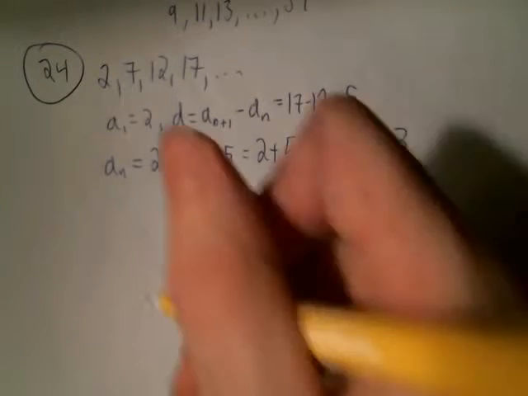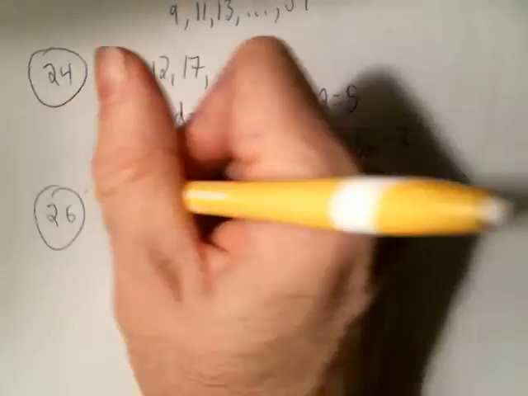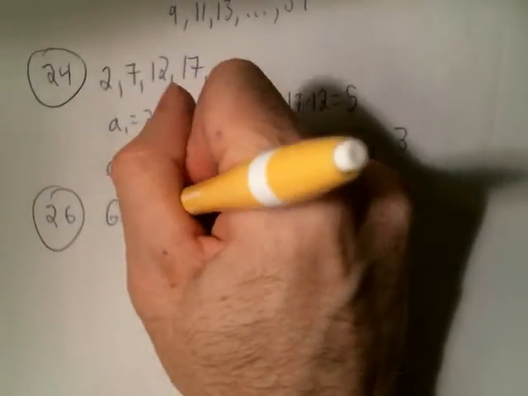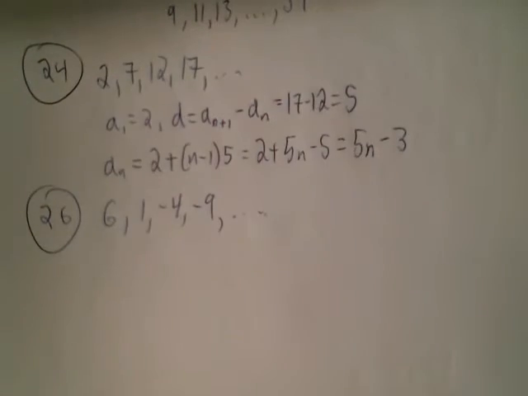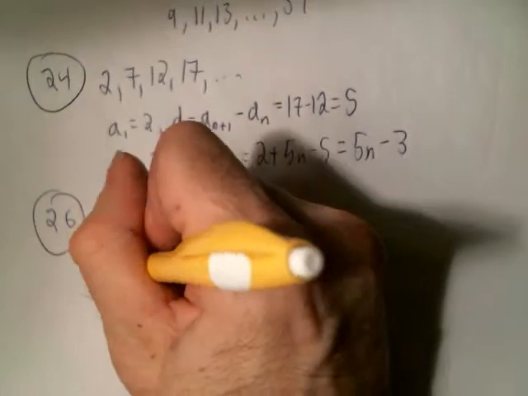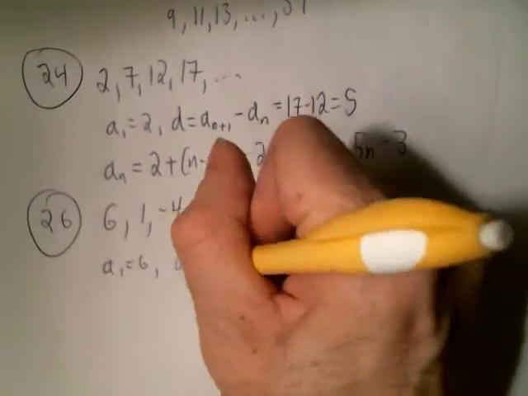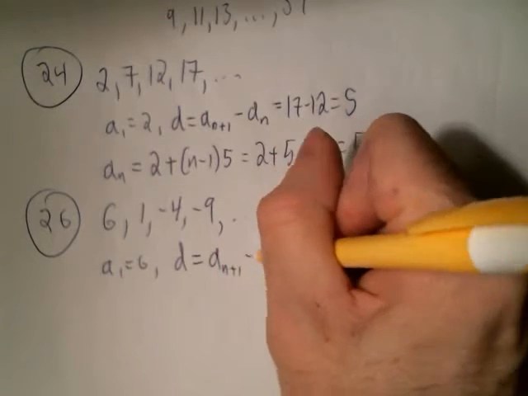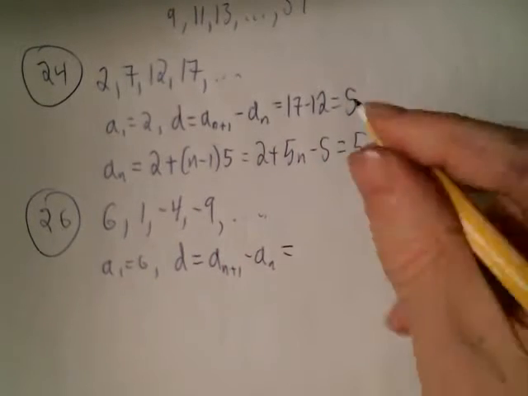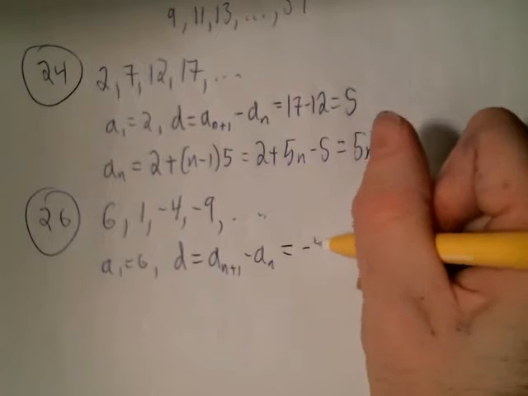Okay, let's look at 26. So we have one going in the other direction. 6, 1, negative 4, negative 9, and so on. This time a sub 1 is 6, and then the difference between two consecutive terms is going to be, well, let's take two of them.